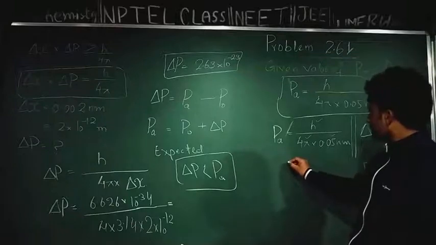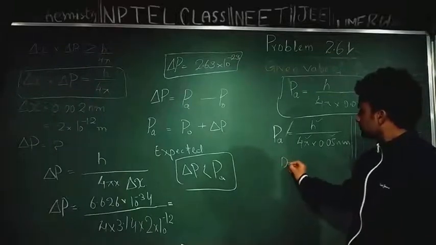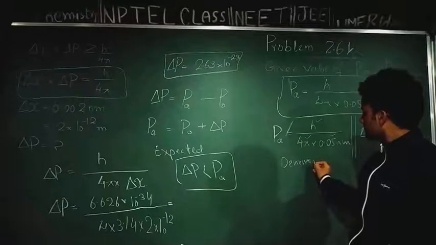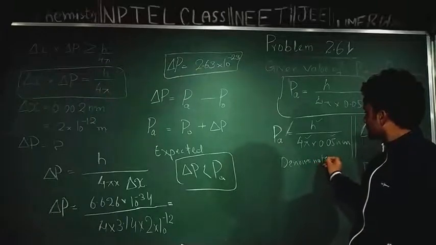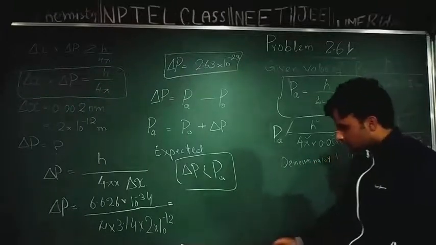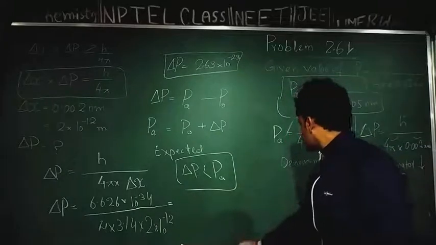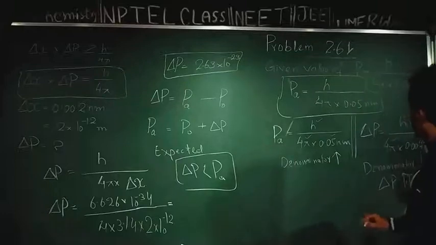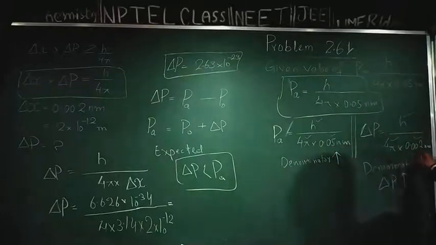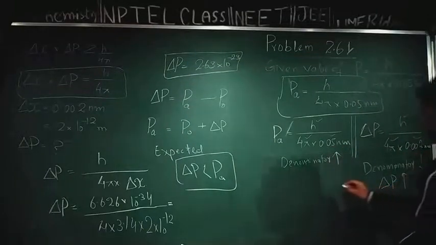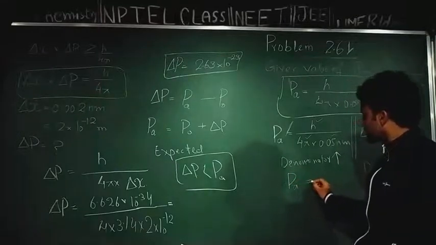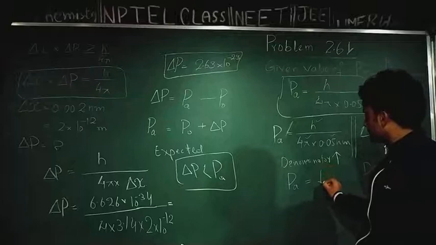Here the value of the denominator is greater, 0.05 is greater related to 0.002, so the given value of momentum is less.